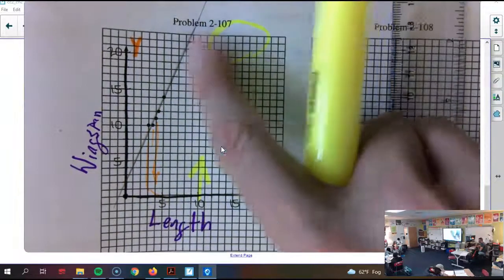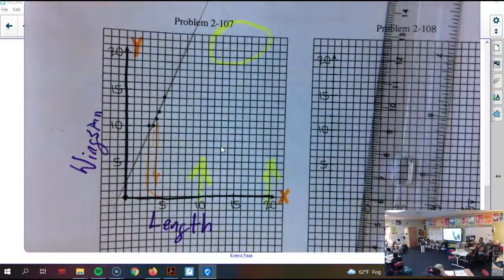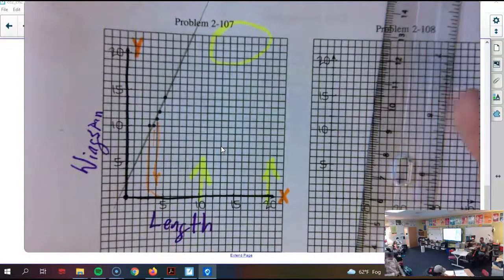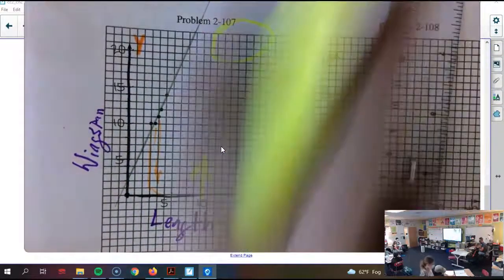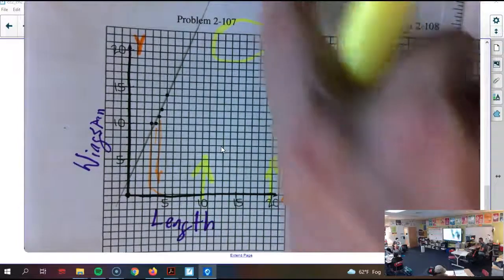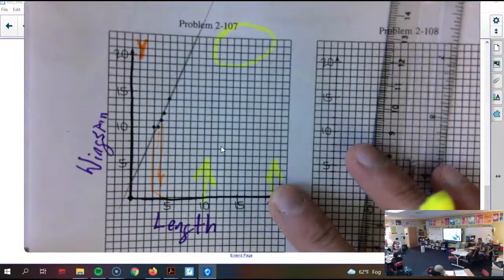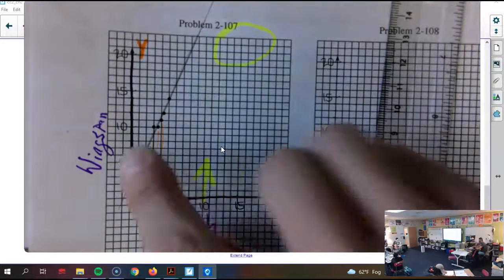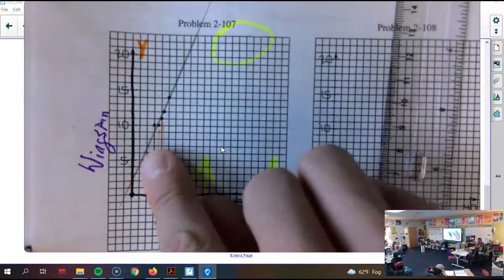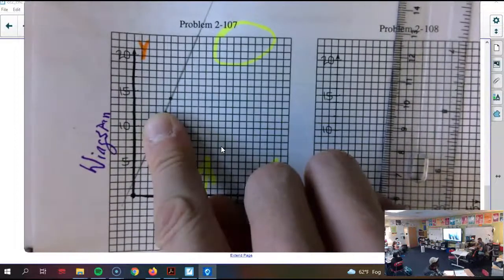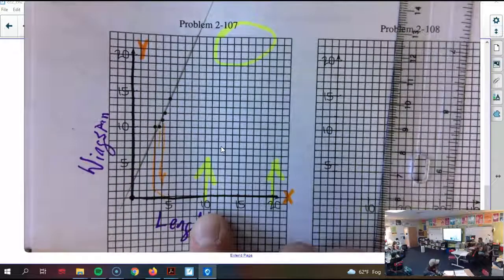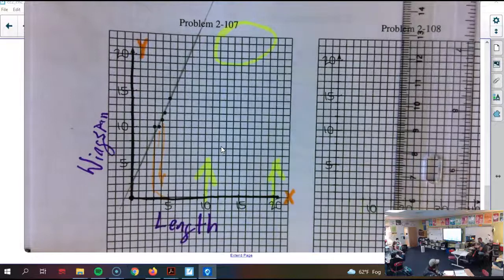Yeah, but there's like words and stuff here. You're right. If we were working on graph paper, we could just keep drawing the line further, right? But this is not graph paper. What if, since my wingspan is a little bit closer to the axis and my length is really far away, Antonella?